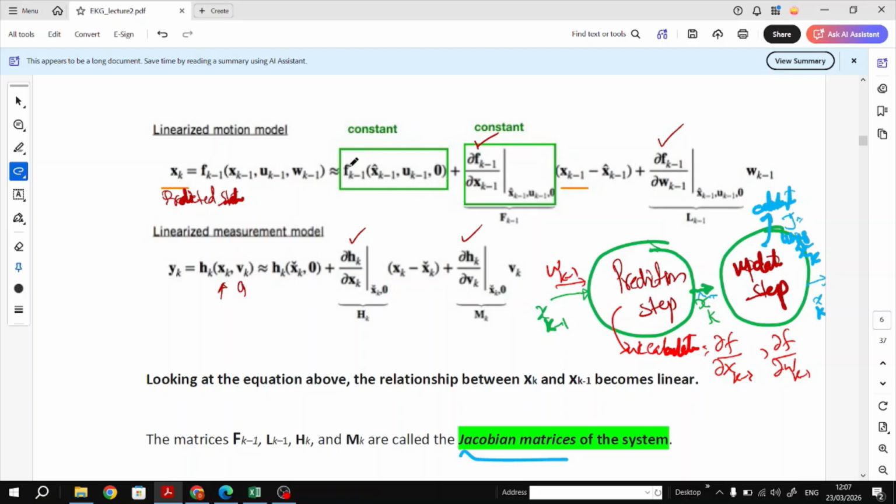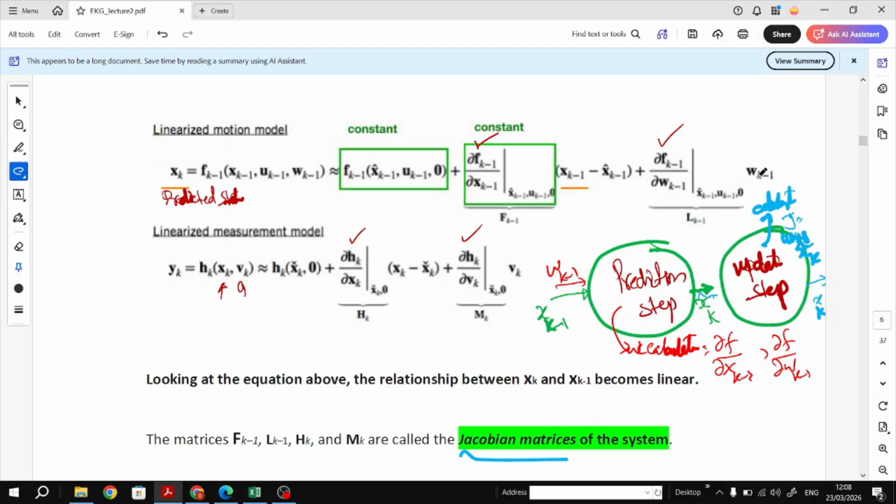First we calculate this function at some x hat and u, and then add the partial derivative terms, multiplied with the difference between the predicted state and the previous state, and similarly we incorporate the noise term derivative. This way we get the linearized motion model using first order Taylor series, and we can use this to predict our state.